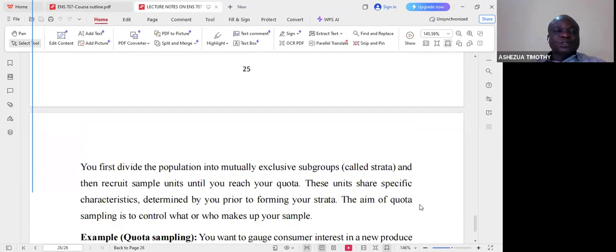Here, you first divide the population into mutually exclusive subgroups, and then recruit sample units until you reach the quota. These units share specific characteristics determined prior to forming your data. The aim of quota sampling is to control who makes up the sample.